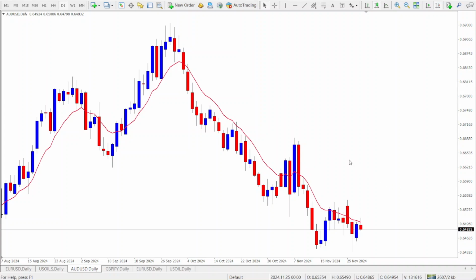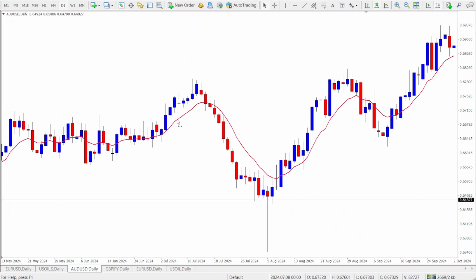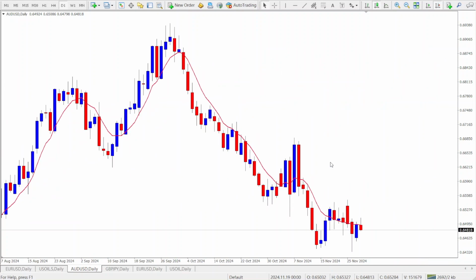Finally, let us talk about the weighted moving average, or WMA. Just like the EMA, the WMA places more importance on recent price data. Let us use the default LWMA that is here on the MetaTrader platform.